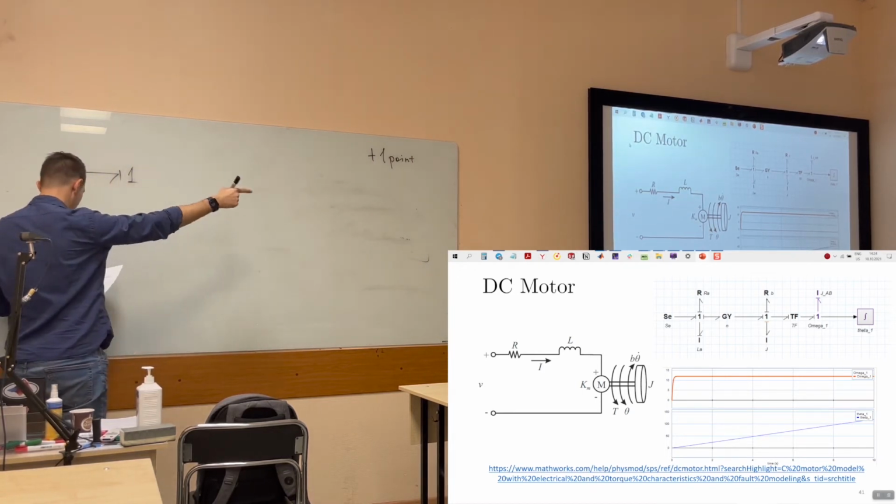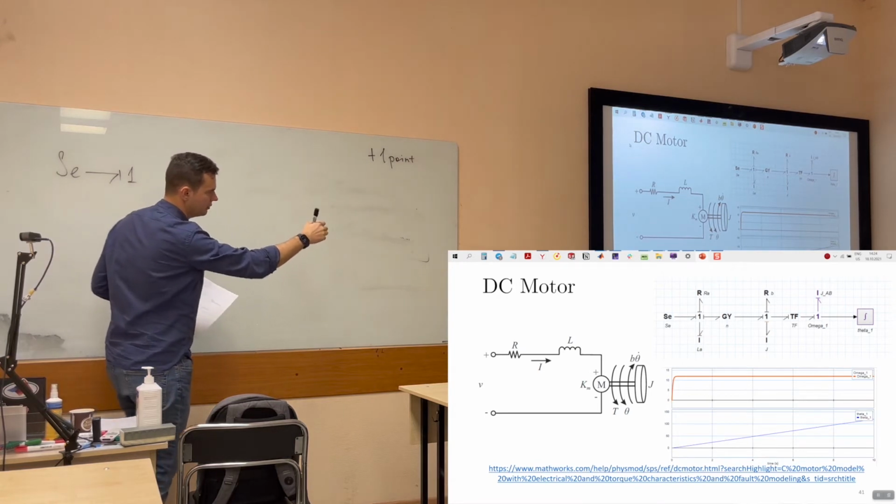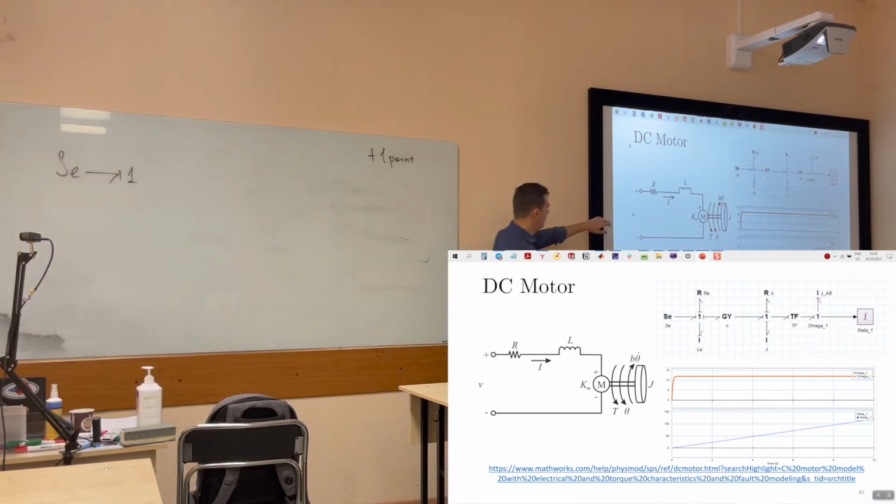So here we have an R element, R that dissipates our energy into heat. We have an I element that stores energy, and this one will be a gyrator.